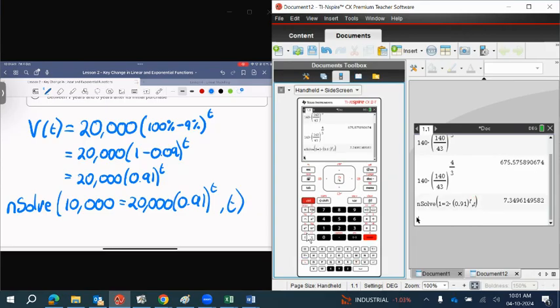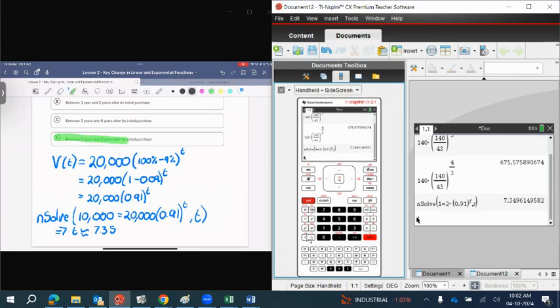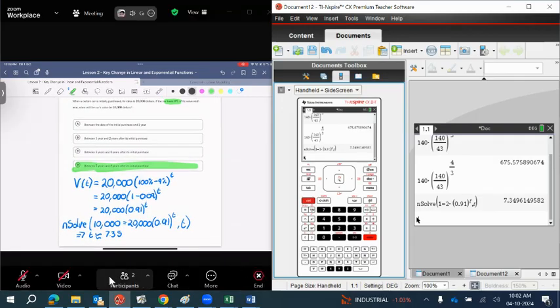And we see that this implies that t is approximately 7.35. So the correct answer is between the 7th and 8th year, when it will lose to this value. Okay, let's just finish there for that.